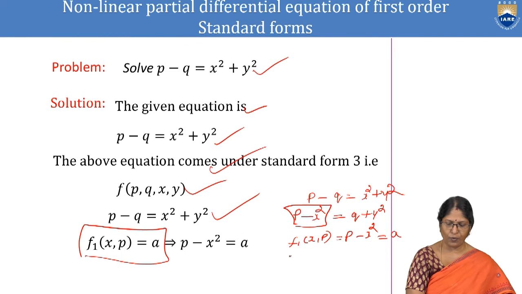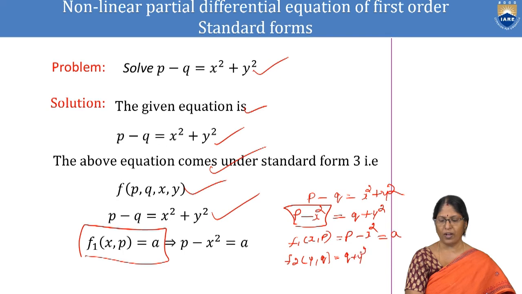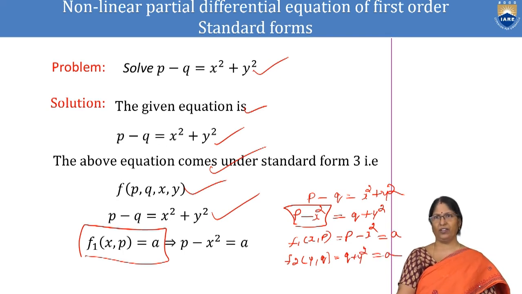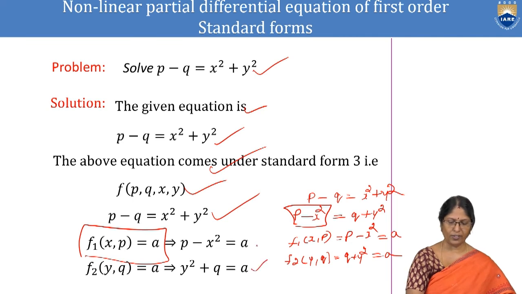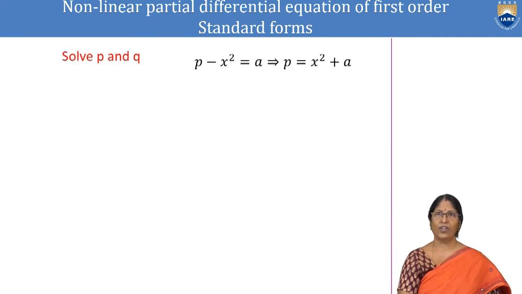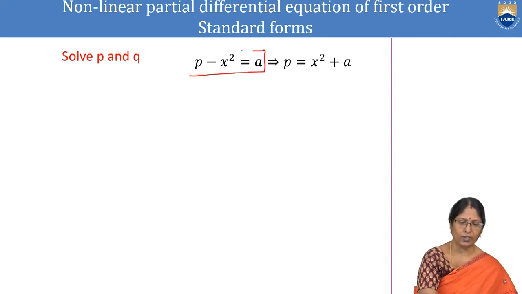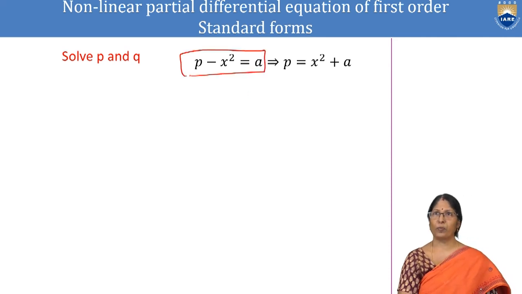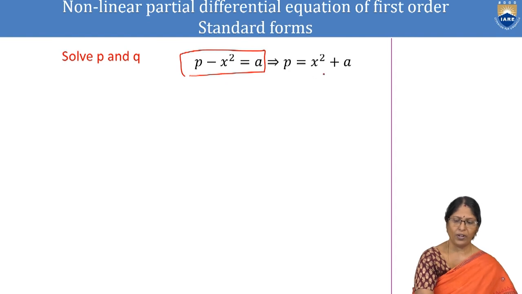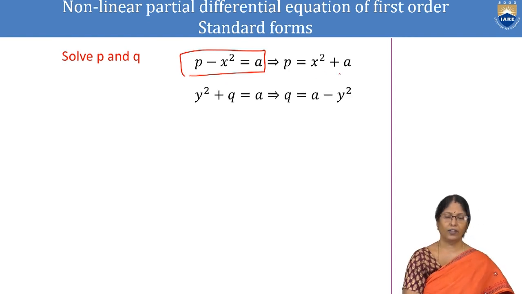Next, f2 of y comma q equal to q plus y square equal to some arbitrary constant. So that's what it is written. We have to solve p and q. So this is according to our problem. So p equal to x square plus a.